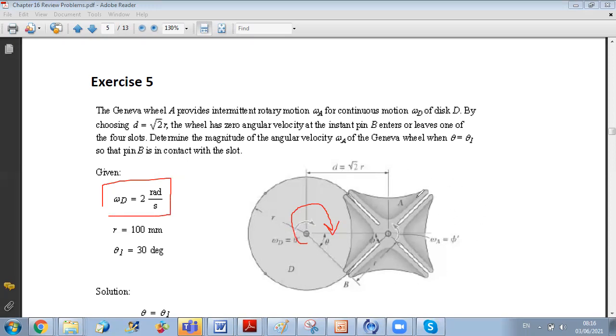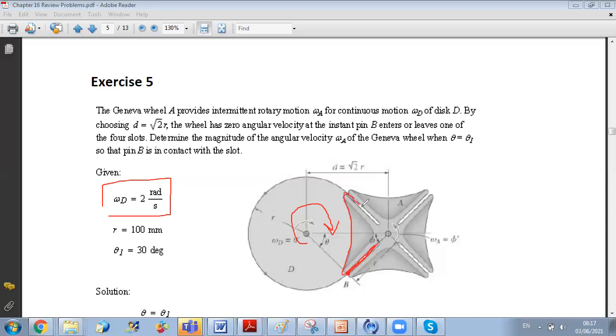You have four slots in this wheel. And what is happening is that you have a point B of the disk D that can translate relative to wheel A. So it can go back and forth.